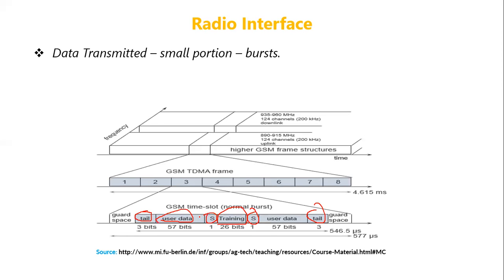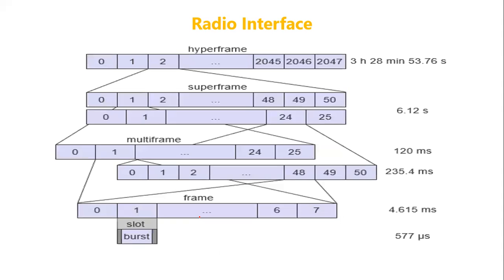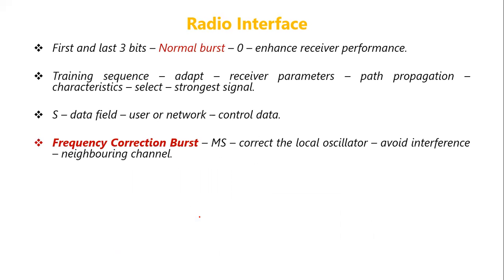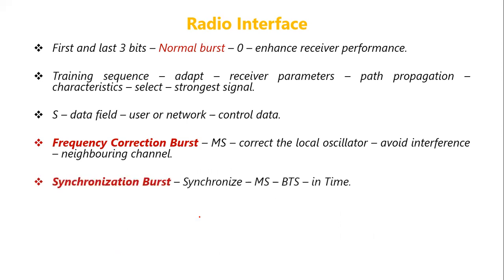And normal burst defines four more bursts for data transmission. The first is called the frequency correction burst, which allows the MS to correct the local oscillator to avoid interference with the neighboring channels.